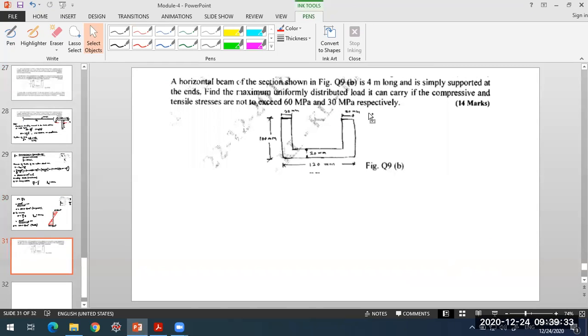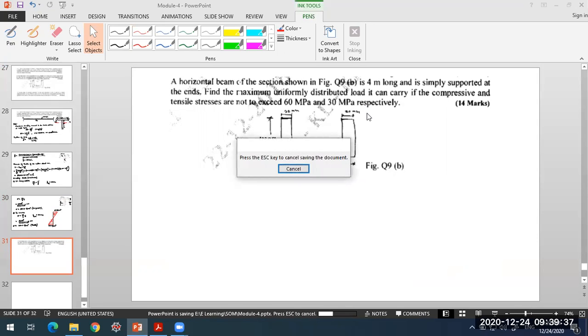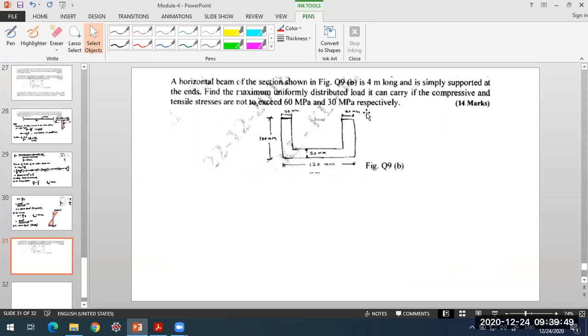So in this case, the permissible stresses allowed in the cross section of the beam are given to us, and we need to find what UDL it can carry. The maximum uniformly distributed load that the beam can carry has to be determined here. For that purpose, we'll work with the flexural formula only.